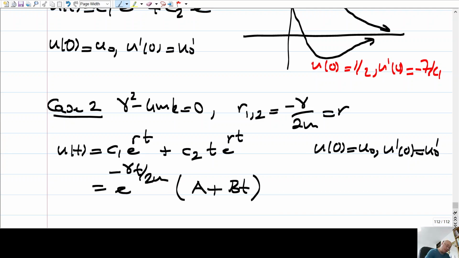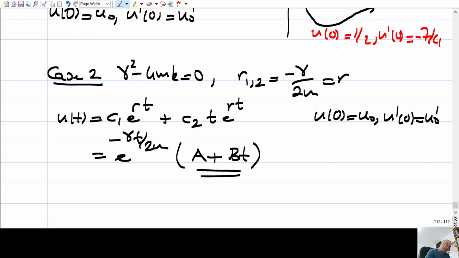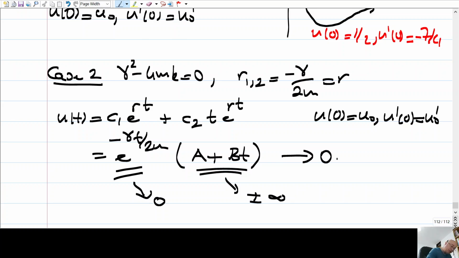I take it outside, and then I have a linear term like this, a plus bt. You see, although this term, as t increases, goes to plus or minus infinity depending on the sign of b, this exponential term goes very rapidly to 0. Therefore, this expression will go to 0 as t goes to infinity.